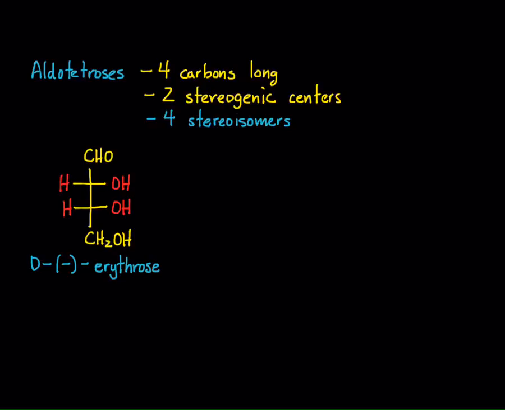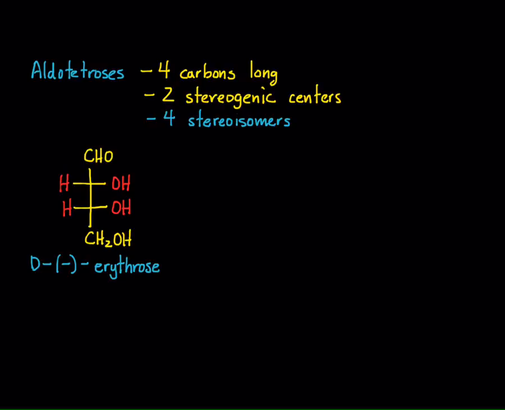So right off the bat you can see that the way that carbohydrates rotate plane polarized light is independent of their designation D versus L. You can always tell the D designation simply by looking at the configurational carbon, that stereogenic carbon that's closest to the bottom. When the OH is on the right, it's D. When the OH is on the left, it is L. So this is D-minus erythrose.